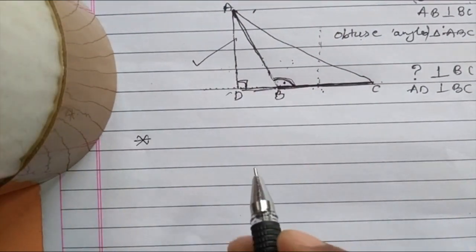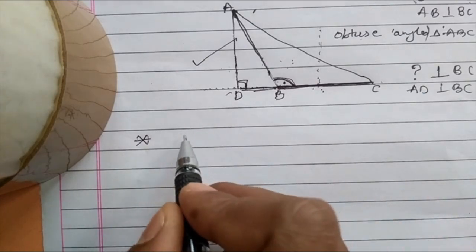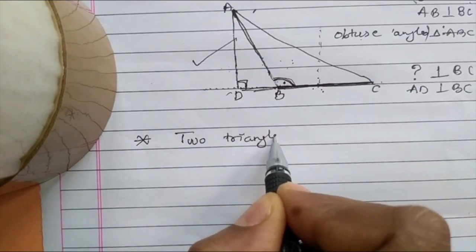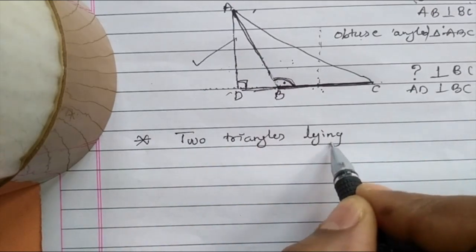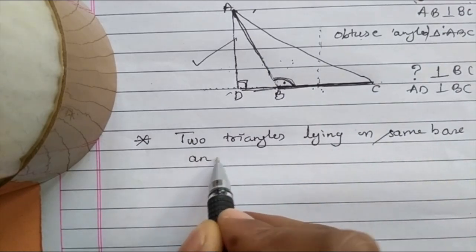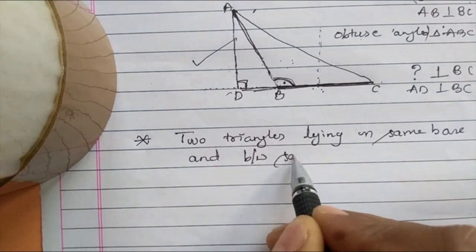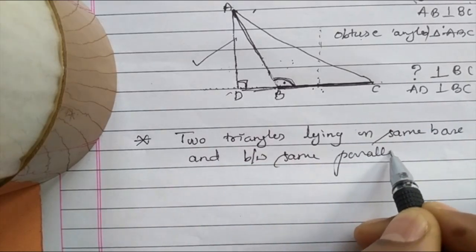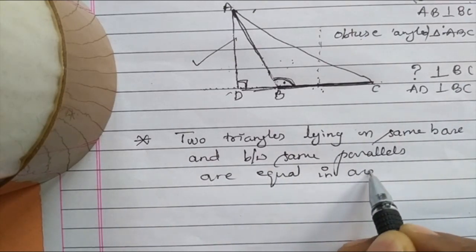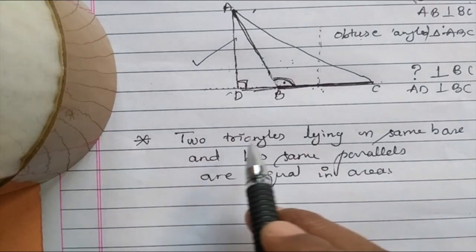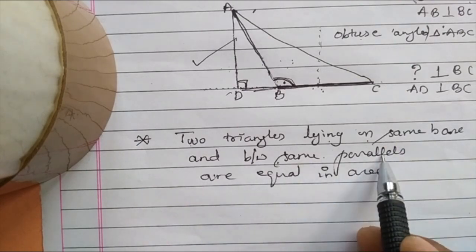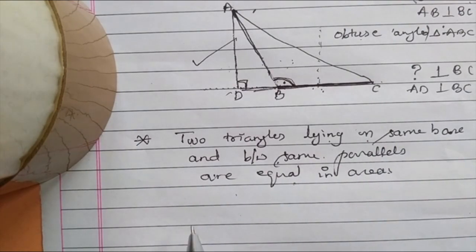The next important point, which is taken from 9th standard syllabus: two triangles lying on same base and between same parallels are equal in area.